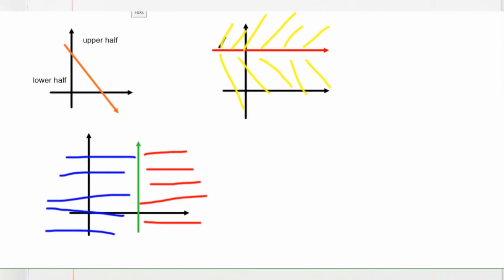This part we can call right half plane, and this we can call left half. So now that means a line divides the plane into two parts.